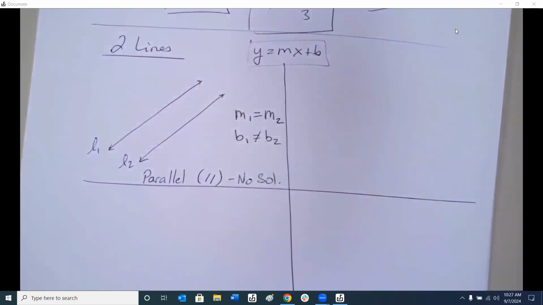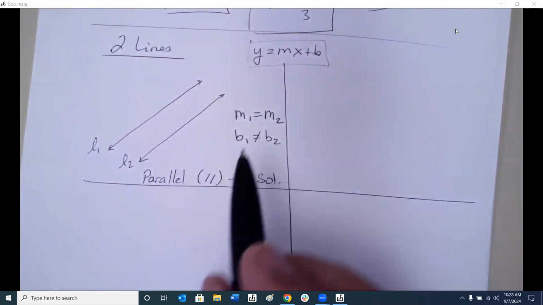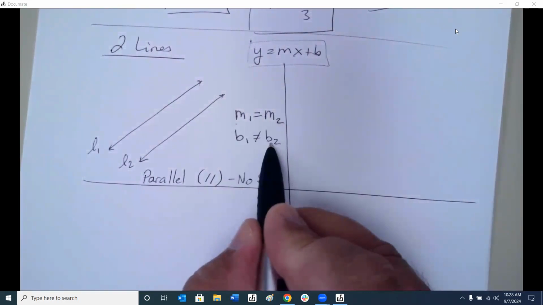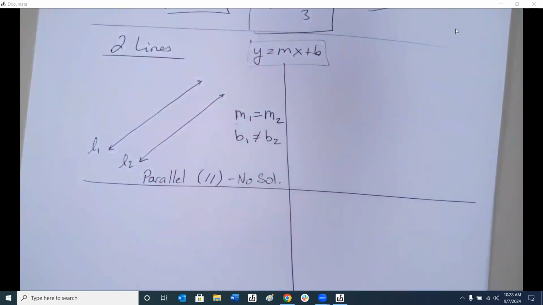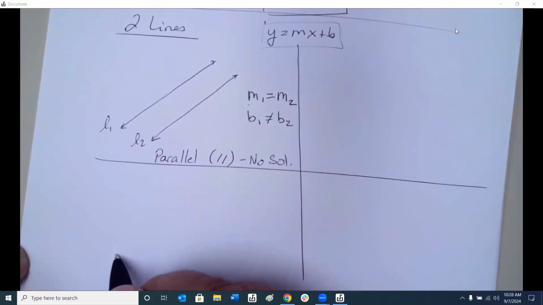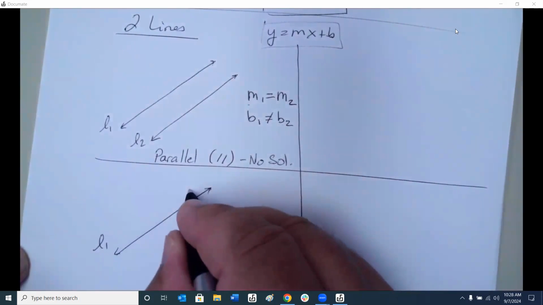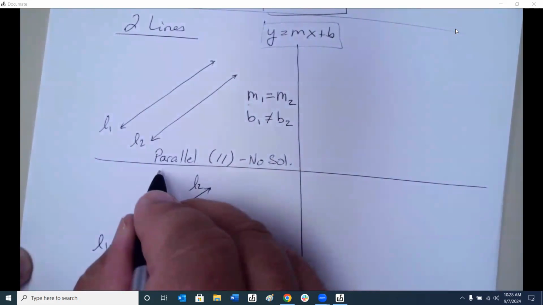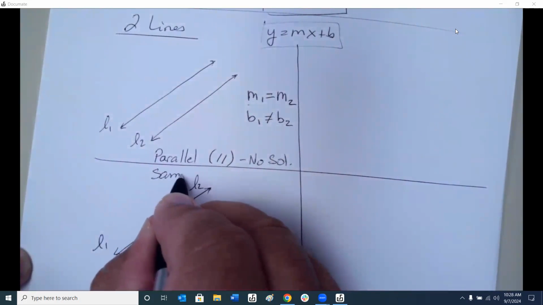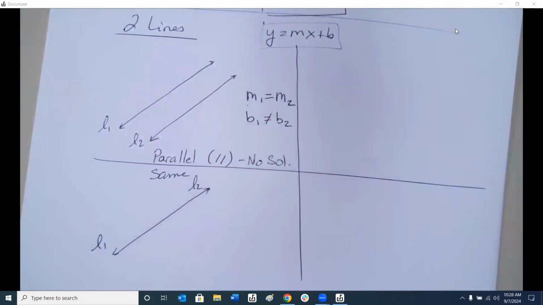So if you look at two equations, and they have the same slope but different y-intercepts, then you know they're parallel. As opposed to if they were the same line.